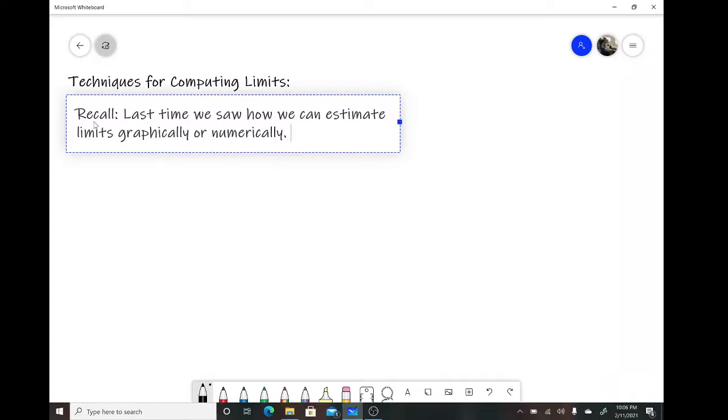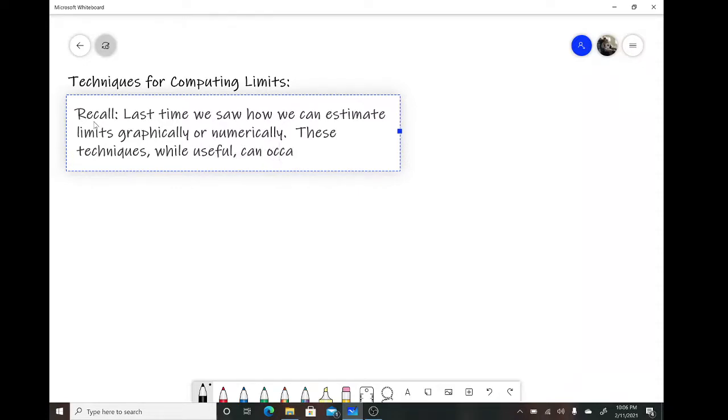Now, these techniques, while useful, can occasionally lead to incorrect results.